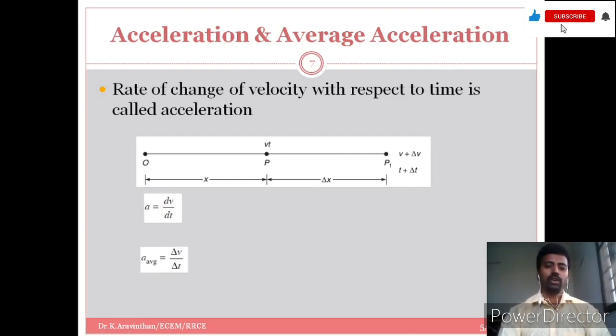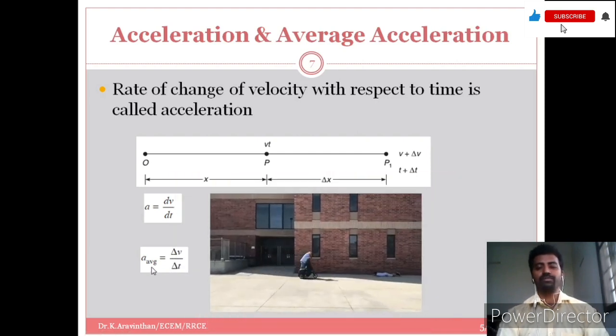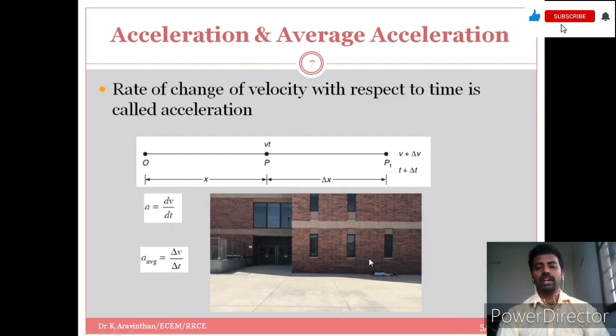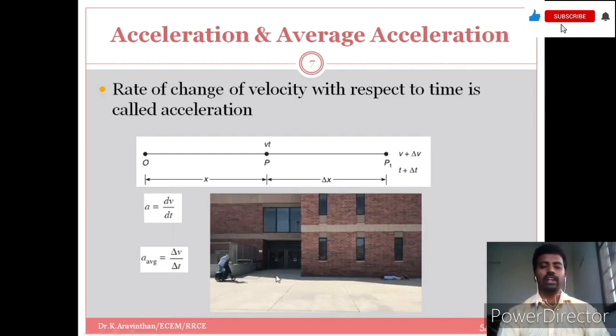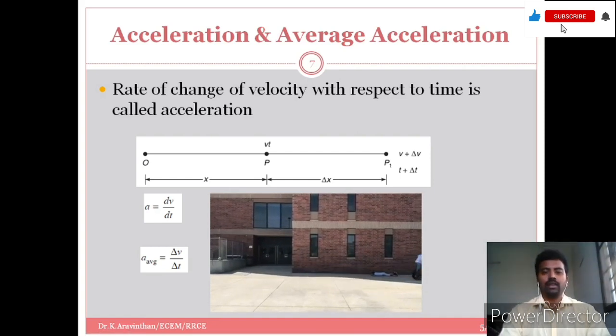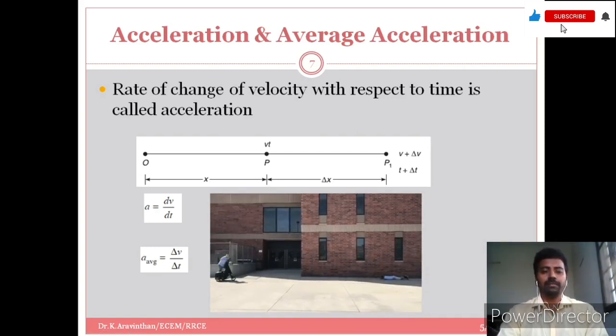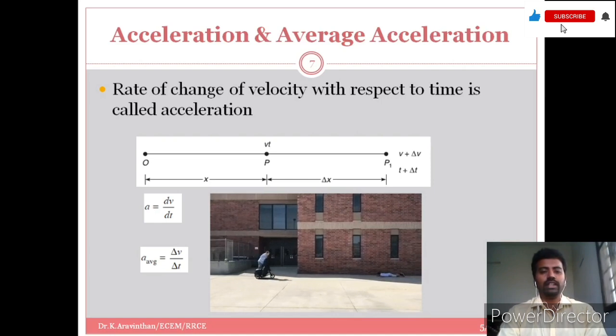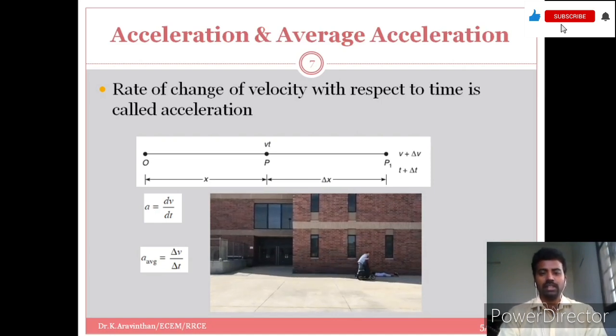And the next component is, if you want average acceleration, you have to find instantaneous velocity divided by instantaneous time. Here you can see that this vehicle is moving with a constant acceleration. At any particular instant, you can see the acceleration is the same.